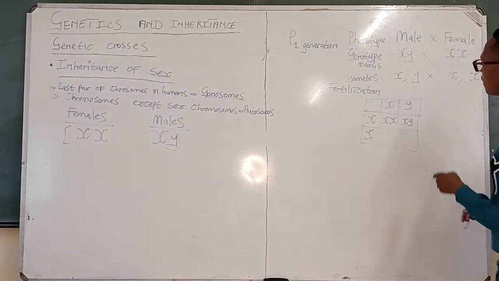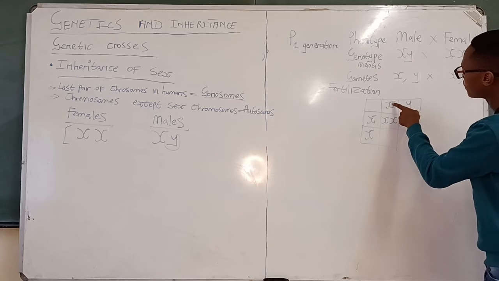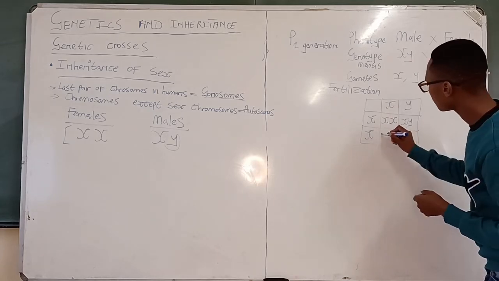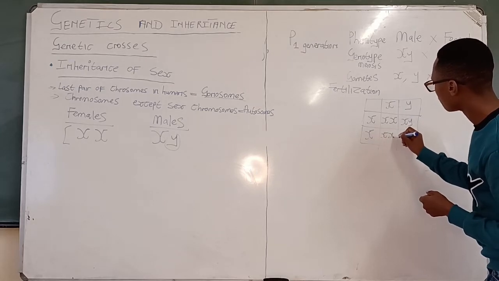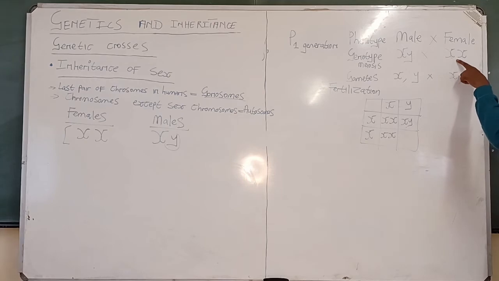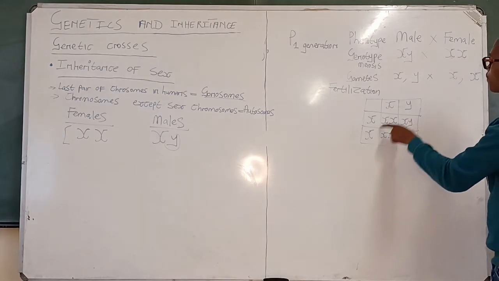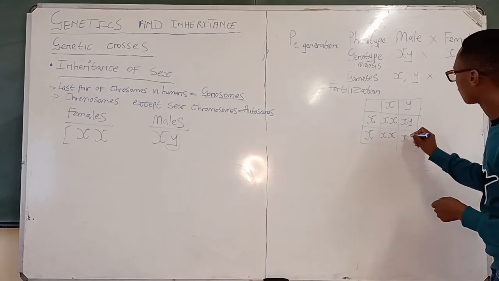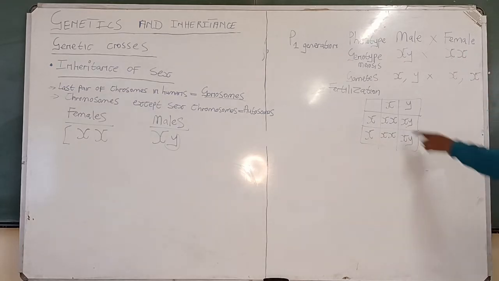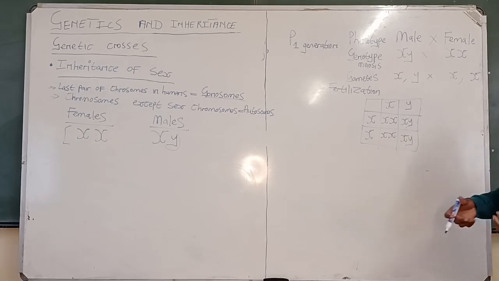And then again, this sperm cell can fuse with this ovum, and then they form a female offspring with XX chromosomes. And then this sperm cell can fuse with this one, and then they form a male. You see, so these are our genotypes, the possible genotypes of offsprings that can result.